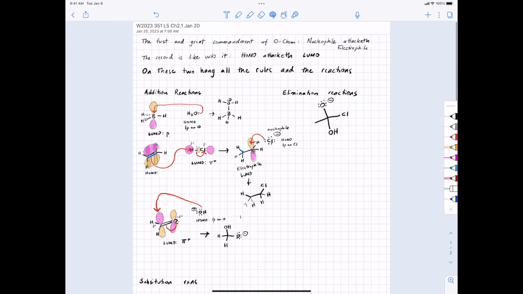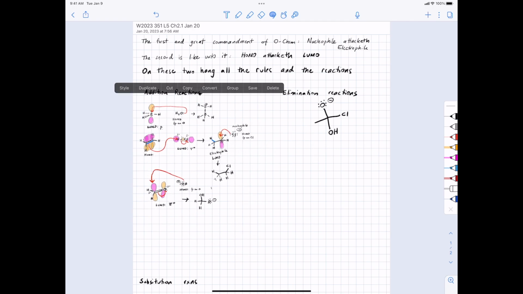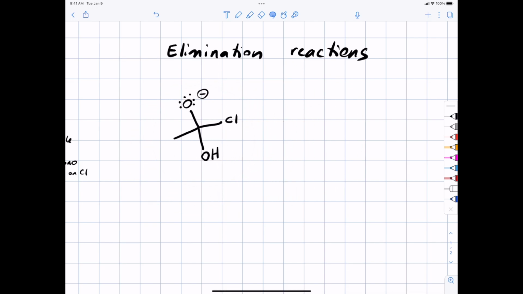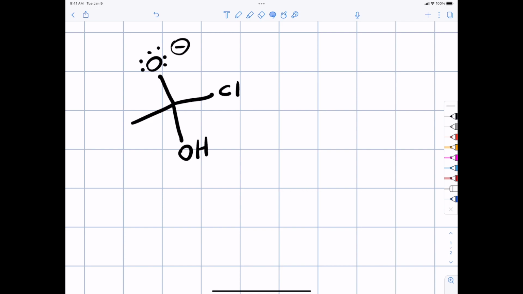I feel like I need to shrink all of this so that we have room. There. So some molecules are poised to react on their own. This is actually an intermediate in a reaction you'll learn in 352.